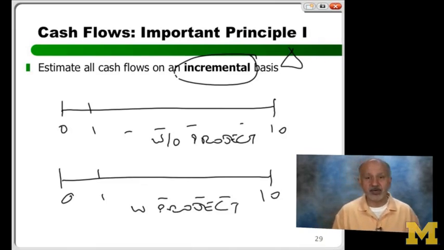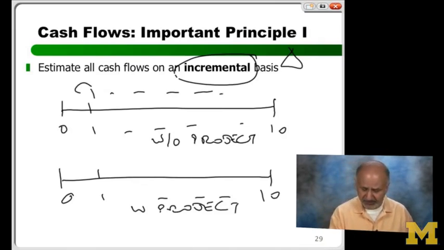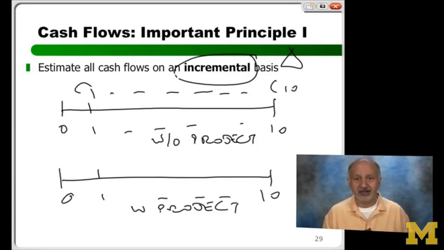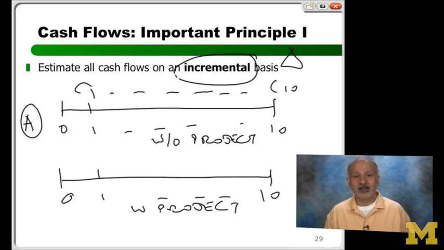So think of the company without the project. What would happen? You would have some C1, C10, right? The company is making existing products, selling, and it has some C1, C10, right? Everybody call this line A, without project. You're going to exist without the project, right?